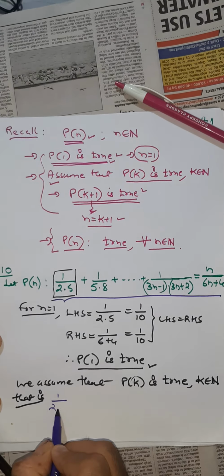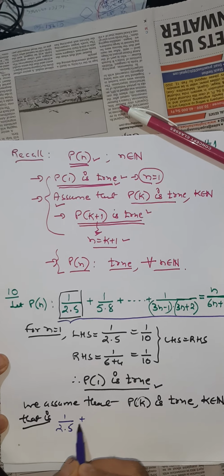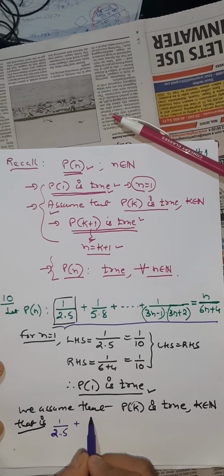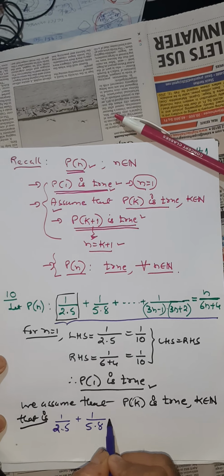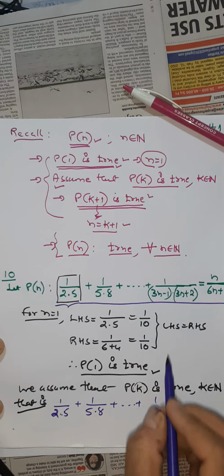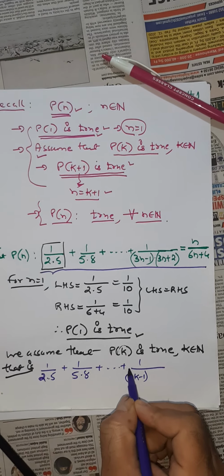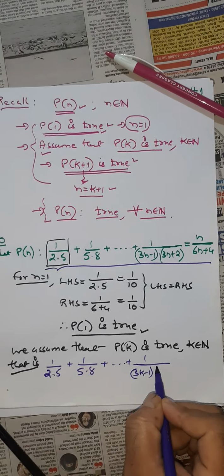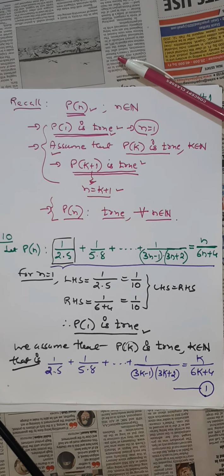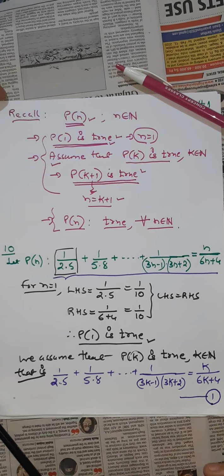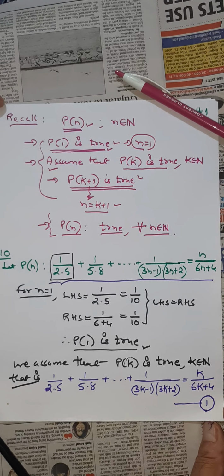So 1 upon 2 into 5, plus 1 upon 5 into 8, and so on, in place of n, k here, remember. So 3k minus 1 into 3k plus 2 equals k upon 6k plus 4. As you know, we always call this equation number 1. Right? Up to this, that's very basic and standard.